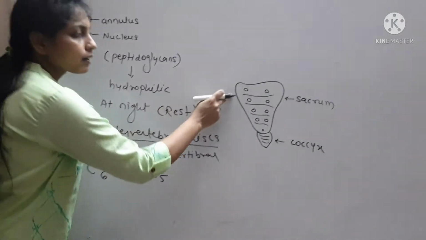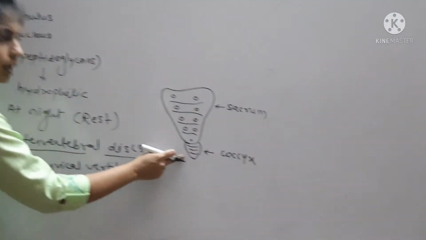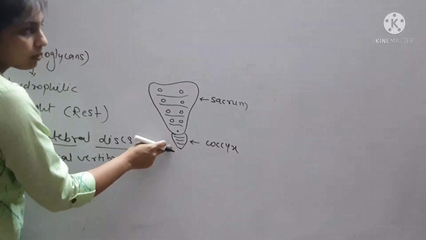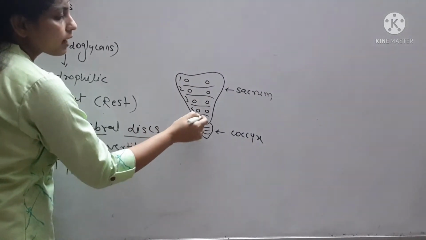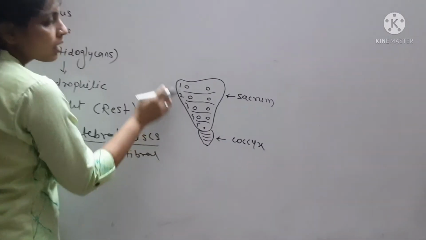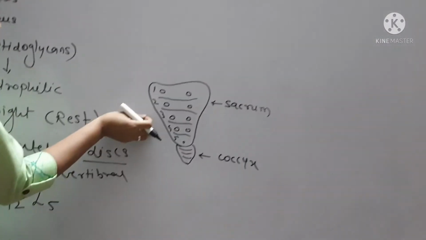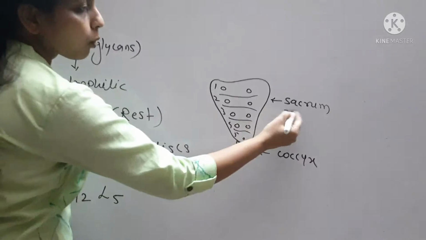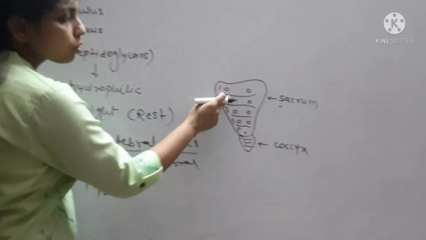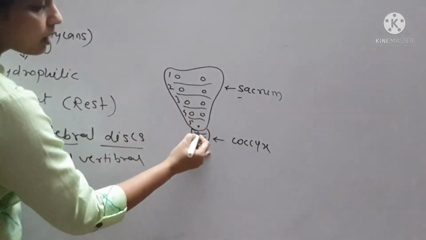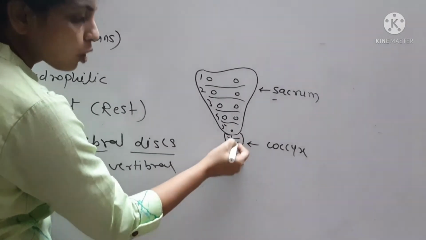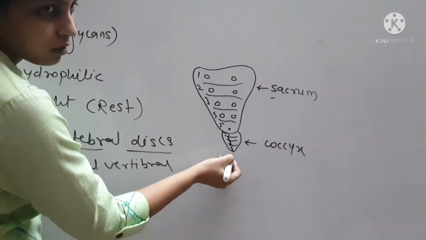Again, the sacral and coccygeal vertebrae lack intervertebral discs in between them. See, first, second, third, fourth and fifth: these are the sacral vertebrae. These vertebrae are fused together to form a single bone, that is the sacrum. So there is no intervertebral disc in between these vertebrae, and none in between the 4 coccygeal vertebrae.